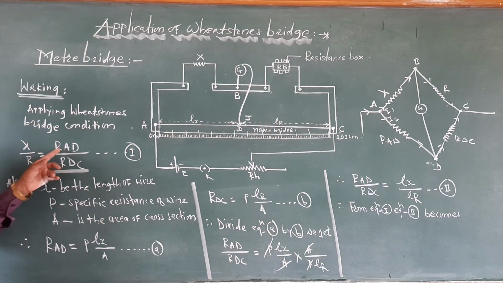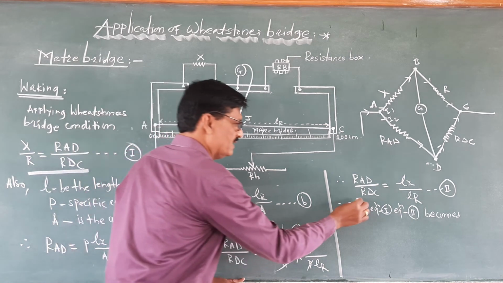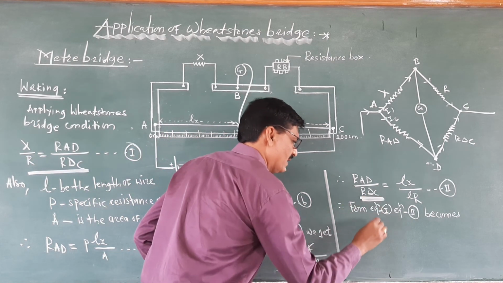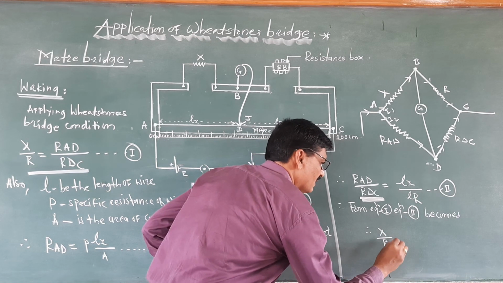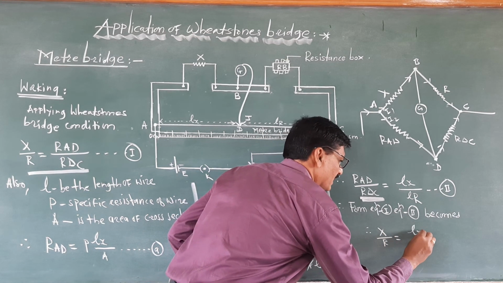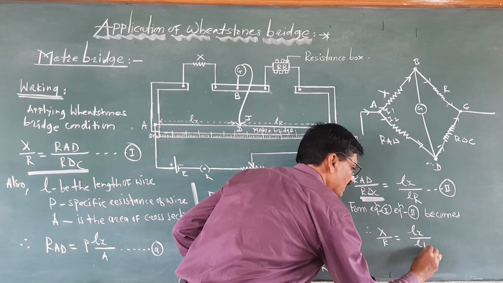R times AD divided by R times DC is equal to X upon R. Therefore, X upon capital R is equal to Lx divided by LR.